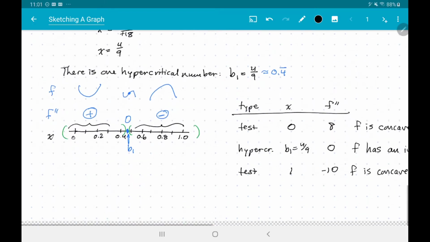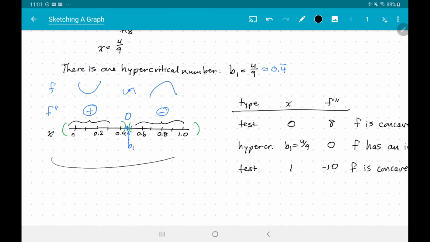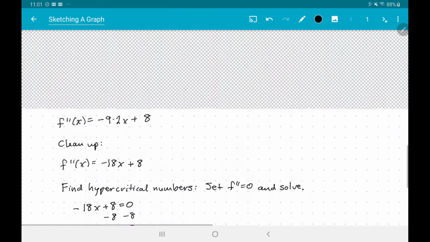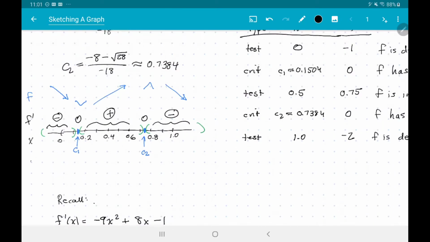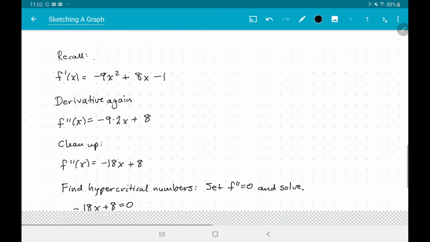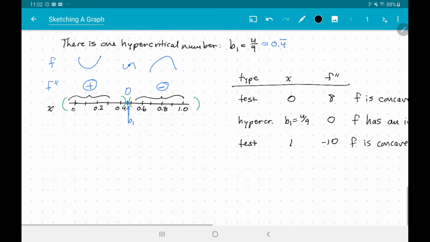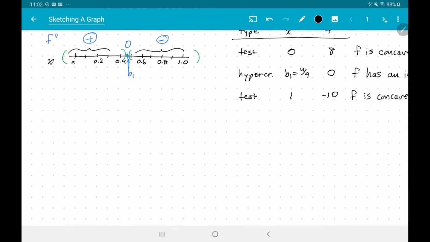If you look back at the number lines, it looks like going from 0 to 1 is a pretty good range. That'll give us a little bit of space to the left and right of the two critical points. The hypercritical point is there in the middle. So we'll set our x range to be from 0 to 1.